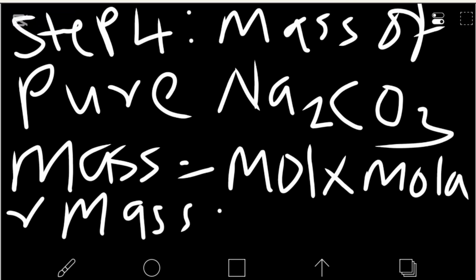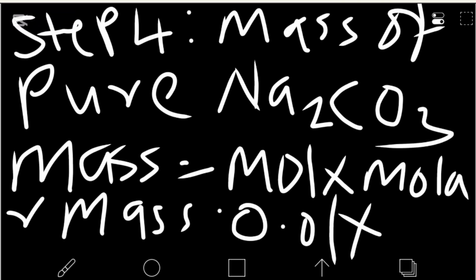In our formula we have moles. We have already calculated moles of sodium carbonate, which is 0.01. We now multiply it by molar mass.